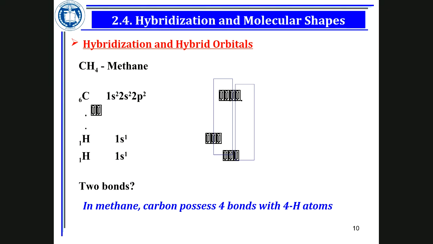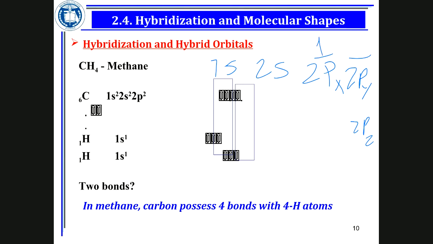Let's say the way that carbon is, we had the electron configuration for carbon. We had the 1s, 2s, and then you have 2px, 2py, and the 2pz was actually empty. So you have one electron, two electrons, and two electrons.